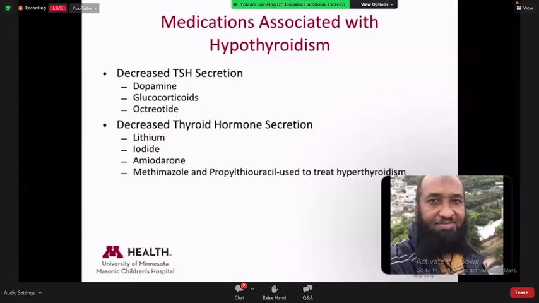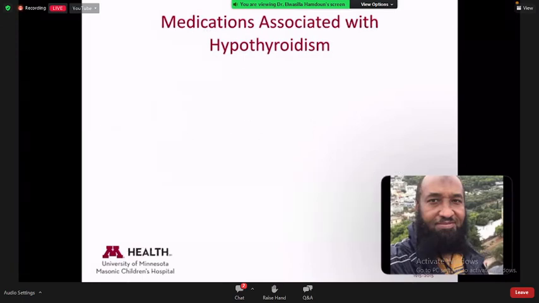Amiodarone has a very mixed, very complex effect on the gland, but remember, amiodarone can also cause long-term thyroid dysfunction, including hypothyroidism, and obviously the antithyroid medications.